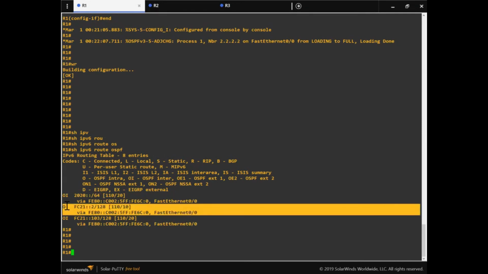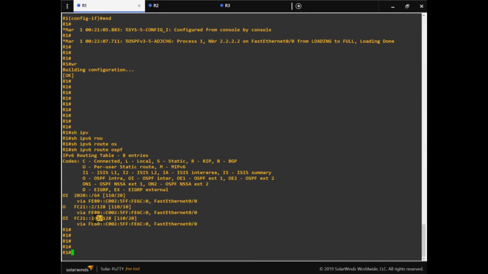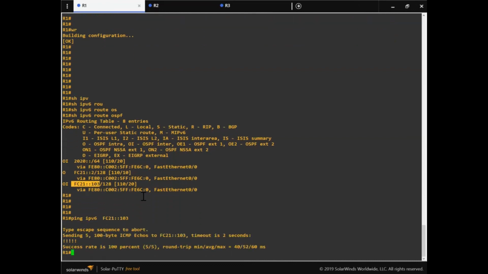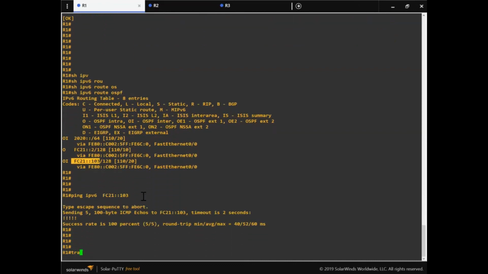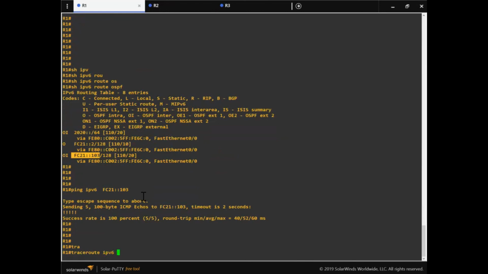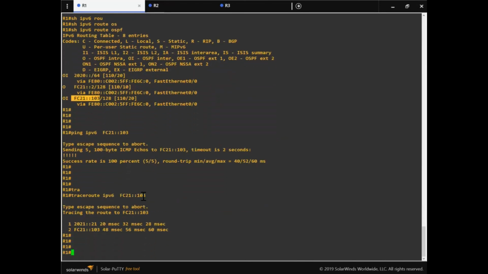Otherwise, it is coming as O. Let us try to ping it. Ping IPv6, and you can see you are reachable. Trace IPv6, and you can see that we are going from 2021 and reaching 103. Any question?